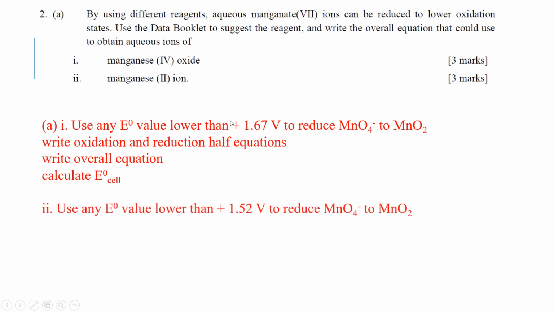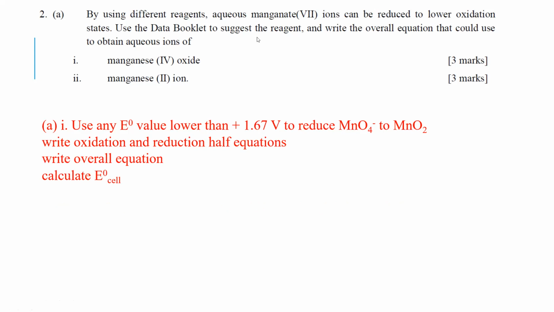Okay, so for example, you can use let's say iron. So if you have MnO4 minus plus 4H plus plus 3e minus give MnO2 plus 2H2O.